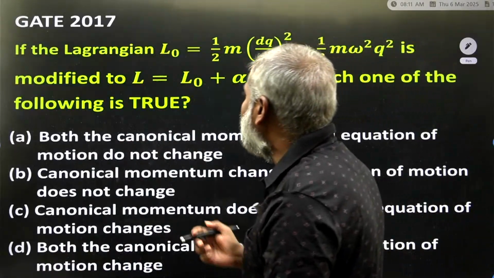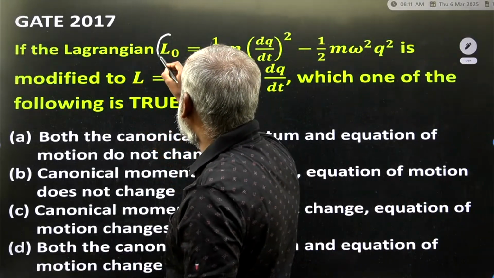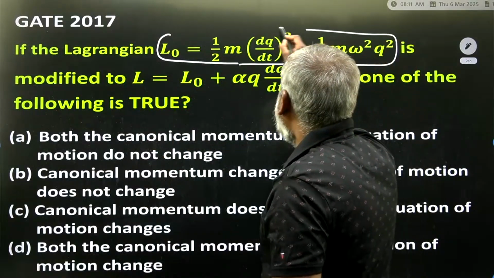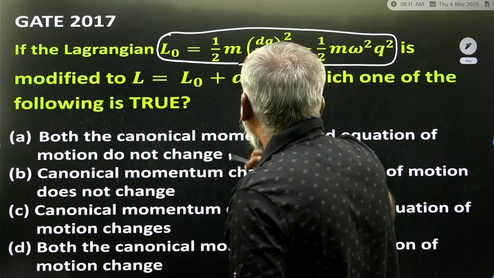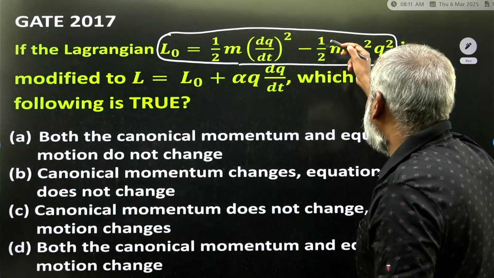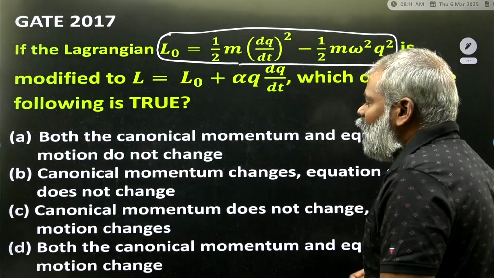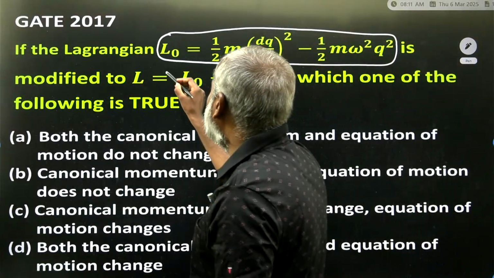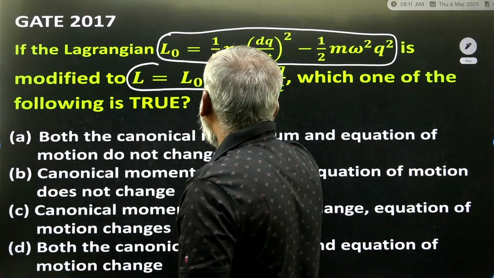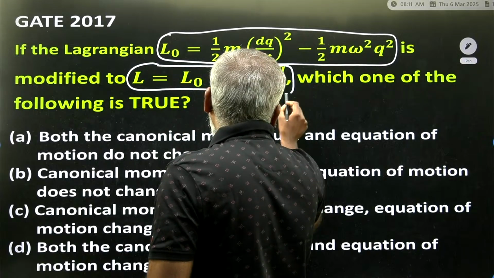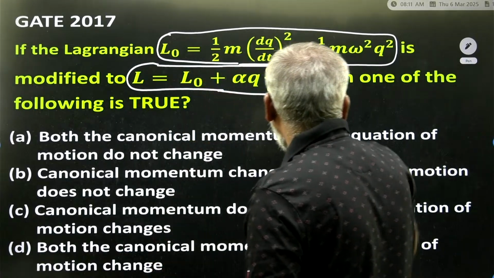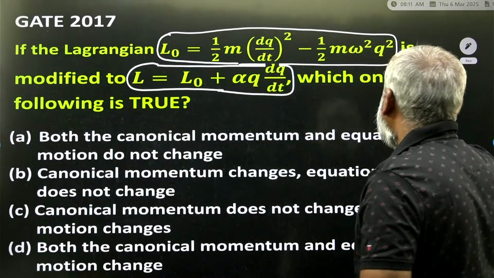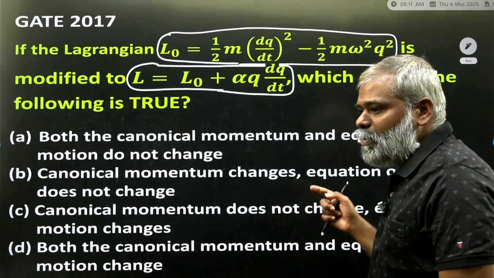You have to see the Lagrangian L0 is equal to 1 by 2 m (dq by dt) whole square minus 1 by 2 m omega square q square, is modified to L is equal to L0 plus alpha q into dq by dt. Which one of the following statements is true?